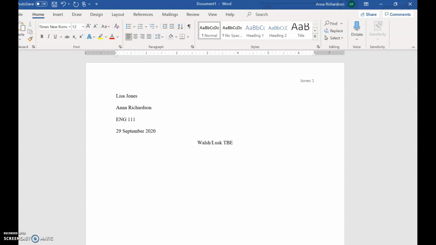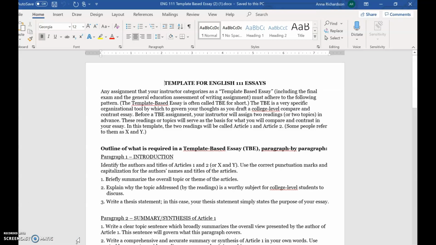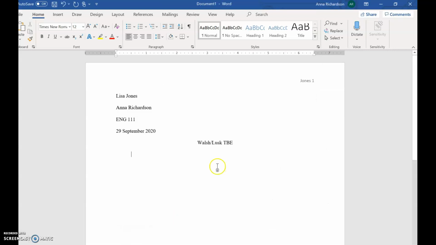I'm going to indent this first paragraph, and here we go. So number 1 said that I needed to identify the titles, the authors, and the overall topic. I'm going to go ahead and do that. And I apologize for these long titles, okay? I did not make these up. They just both happen to be a little lengthy. All right, so I am capitalizing all the key words, and I have those in quotation marks.